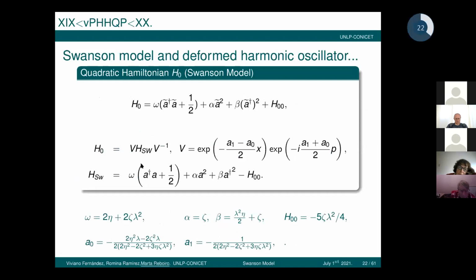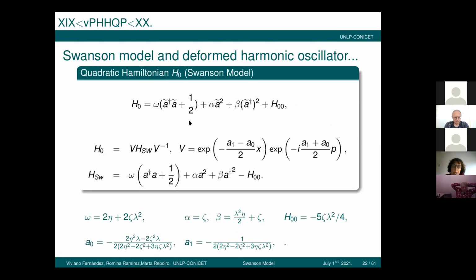We found that if we make a similarity transformation given by these operators in terms of x and p, with this particular choice of constants a0 and a1, in terms of the original coupling constants zeta, lambda, and eta, we end up with a Hamiltonian that has the structure of the Swanson model.